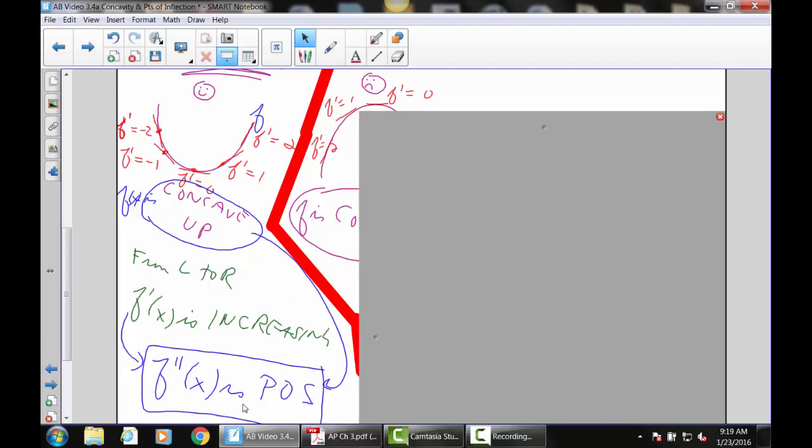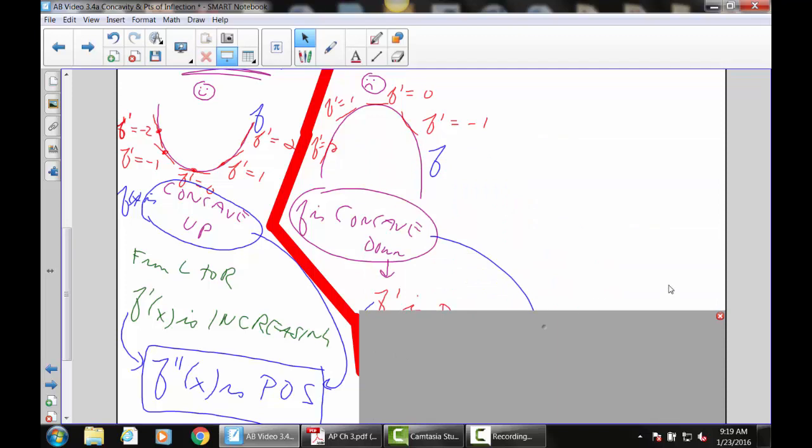This is the same thing as saying when f is increasing, f prime is positive. So when f prime is increasing, f double prime is positive, etc. If f double prime is increasing, then f triple prime would be positive. Therefore, the conclusion we make is whenever the second derivative is positive, the graph of f of x is concave up.